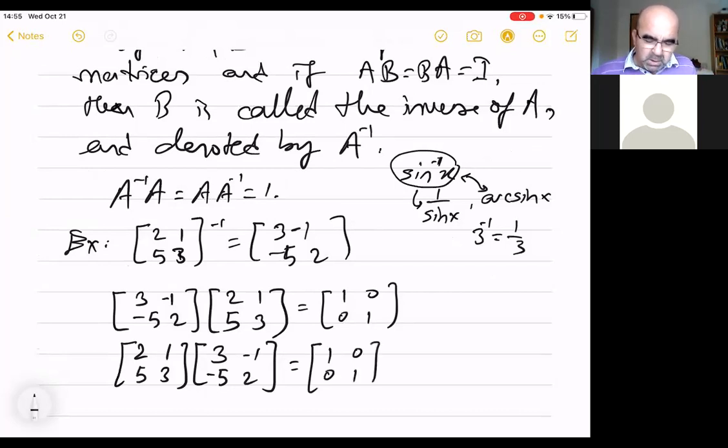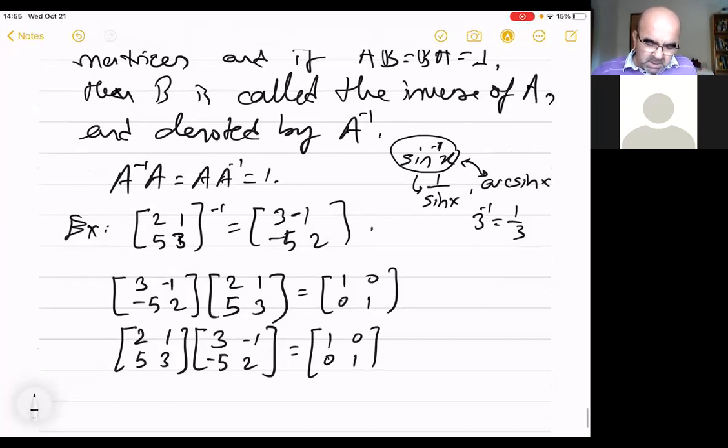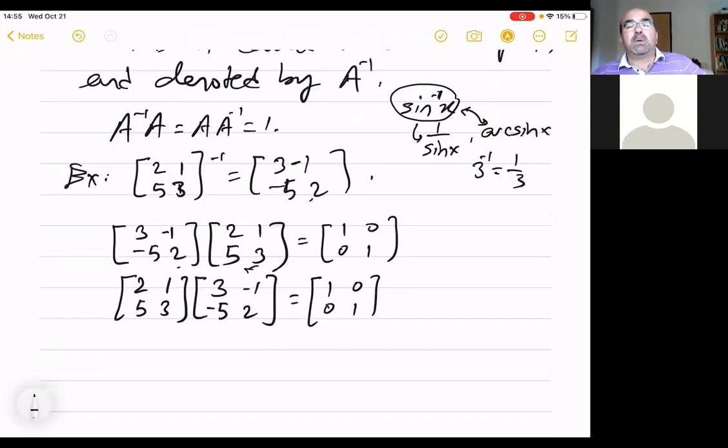So therefore, these matrices are inverse of each other. Okay.